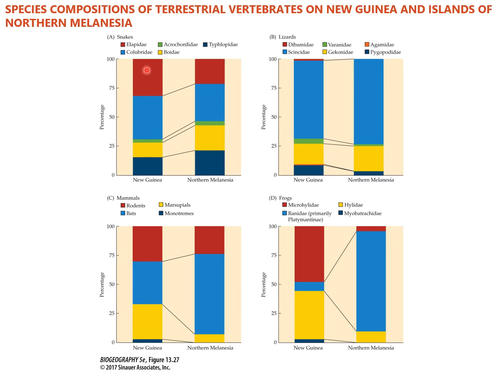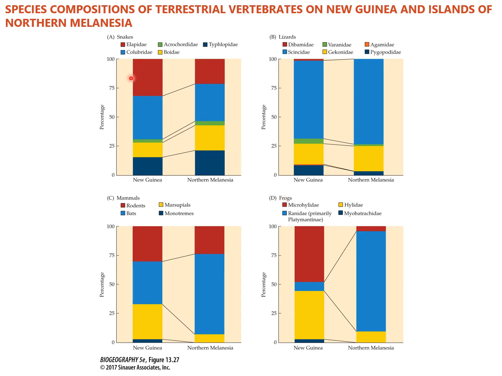Basically, species compositions tend to be different, not just for vertebrates but in general, whether you're dealing with the mainland versus the island. Here we're looking at New Guinea and the islands of northern Melanesia, at snakes, lizards, mammals and frogs.